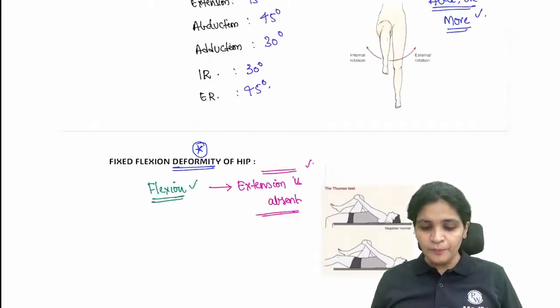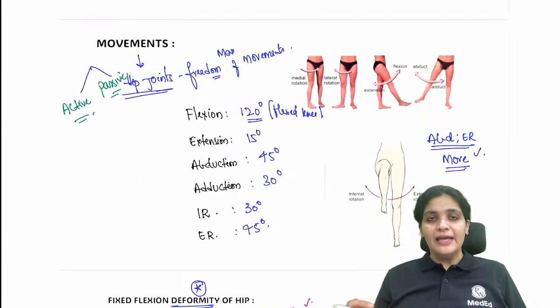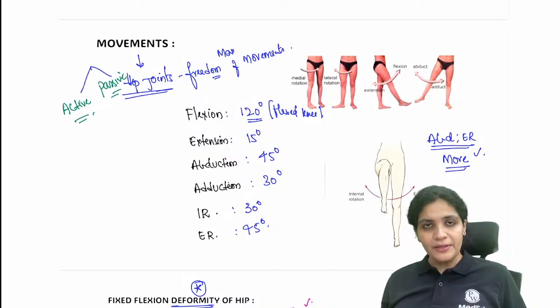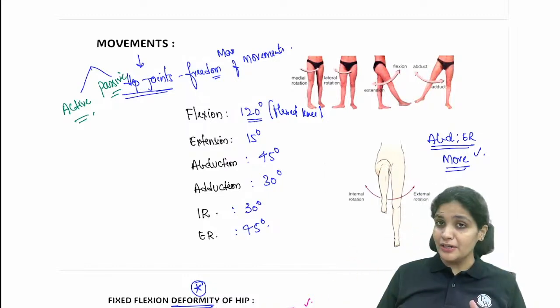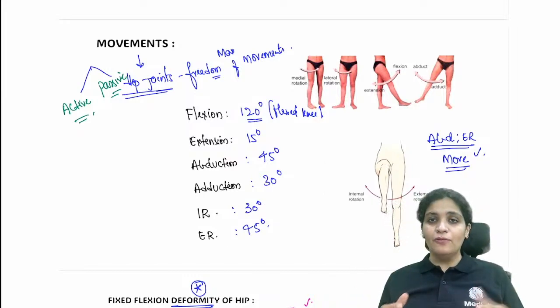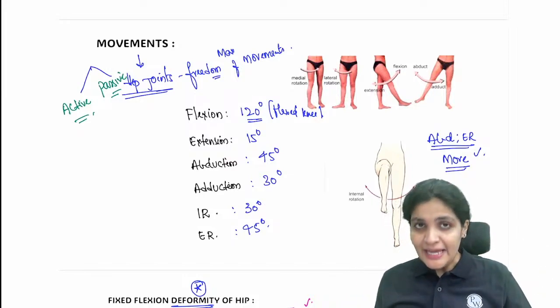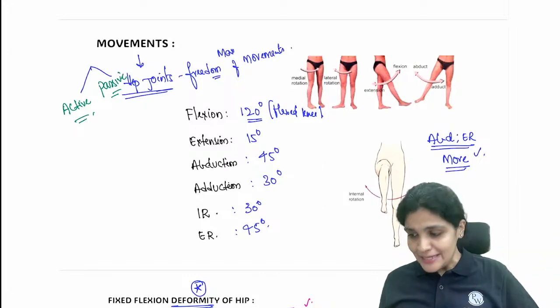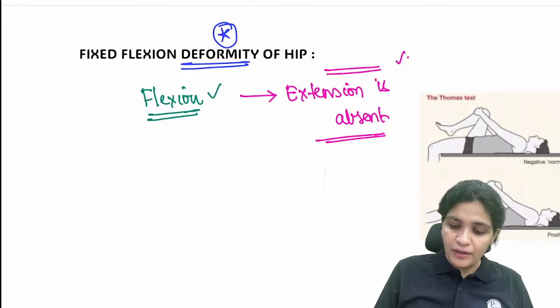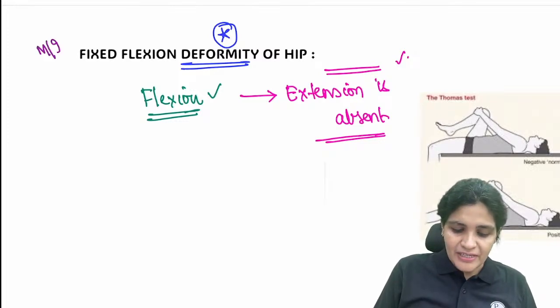As I told you, there could be a flexion deformity, there could be an abduction deformity, or there could be an adduction deformity, there could be an internal rotation deformity and external rotation. So whatever form of deformity, that means the opposite movement is absent, right? And most common and most important for us is your fixed flexion deformity, right?